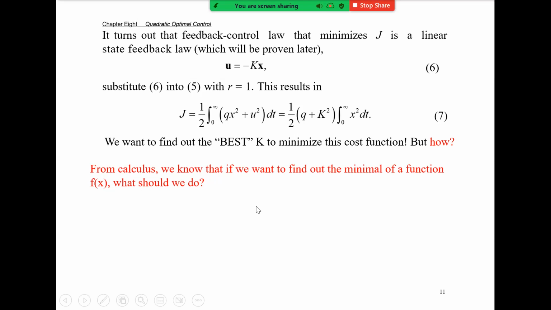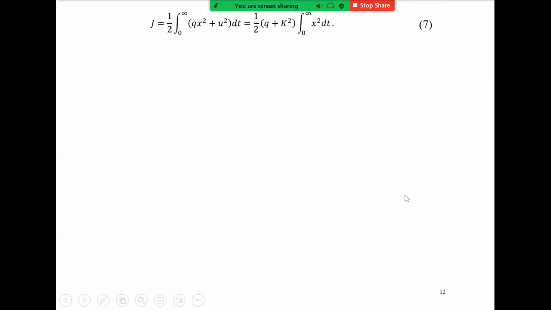Derivative equals 0. This is easy, since you have learned calculus. Therefore, we are going to compute the derivative of this cost function with respect to the gain k. Let's go ahead and do that.